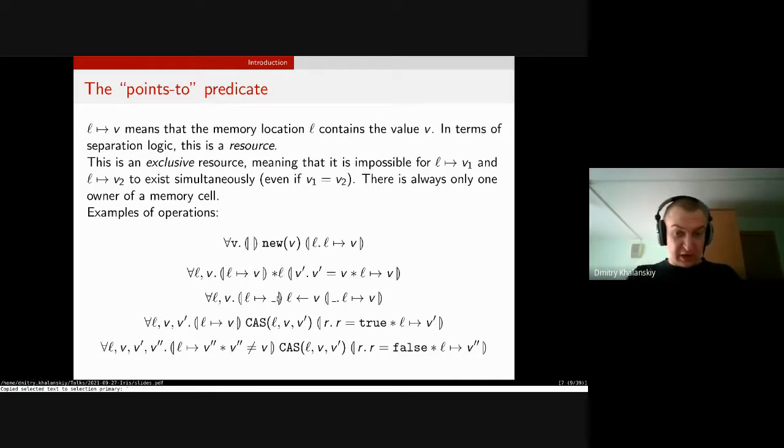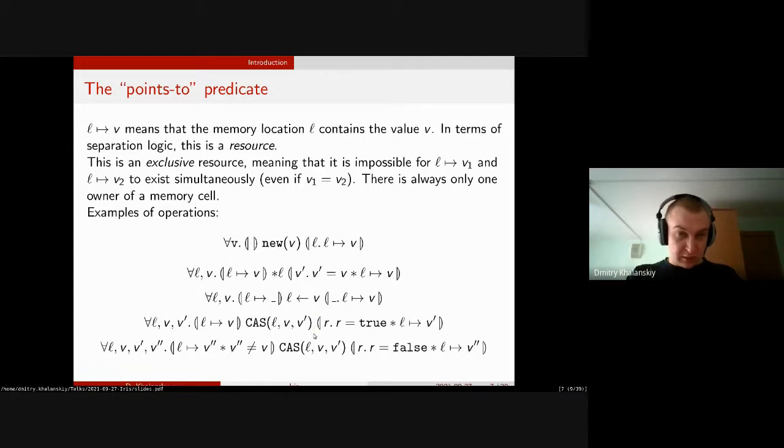Here are the definitions, the specifications for storing a variable value and for concurrent set. Any questions at this point?